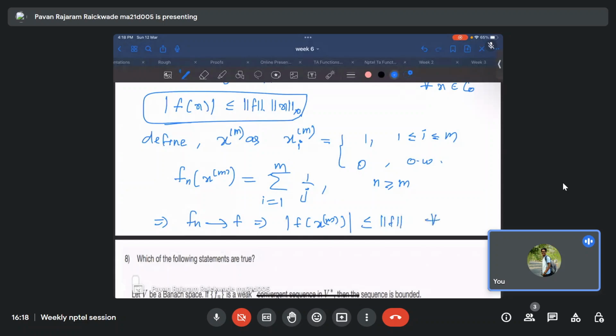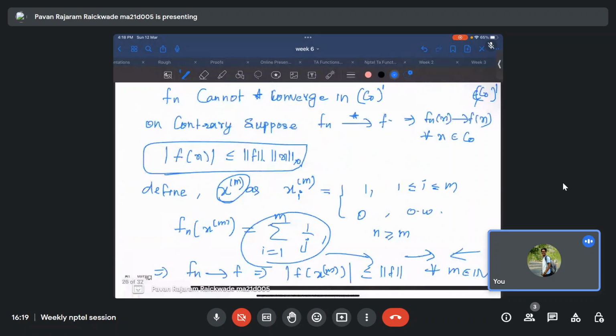This should happen for all m belongs to natural number, right? But as m goes to infinity, it's unbounded, because the series 1 by n is unbounded, right? So this is a contradiction, because you are getting that the series 1 by j is bounded from here. This is just another argument to show that the sequence Fn is not weak star convergent.